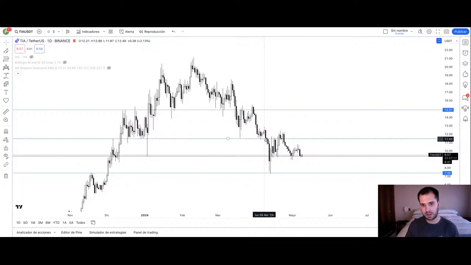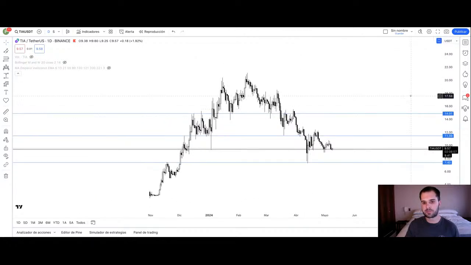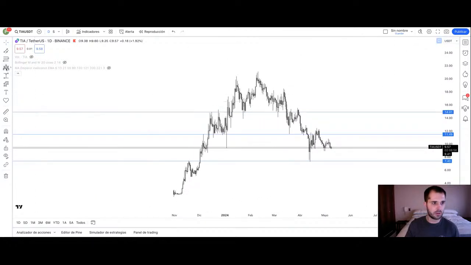And then finally, when the support gave out, we just broke down all the way to $7. So right now, it could be backtesting it as support again, not once, but twice. So that's some hopium for the TIA holders, the TIA investors.